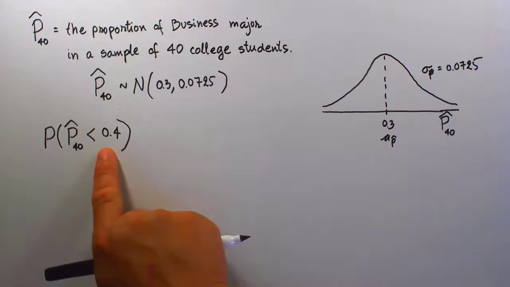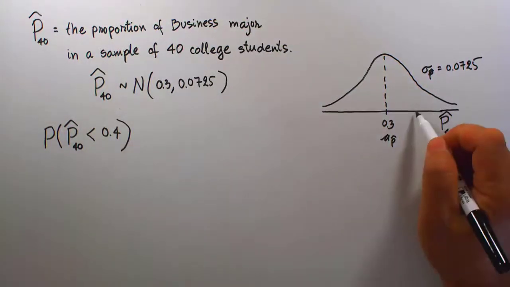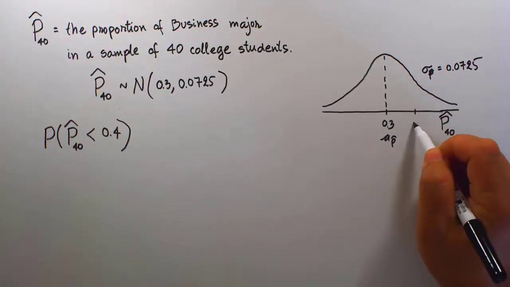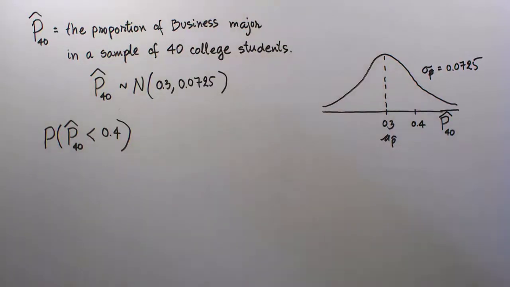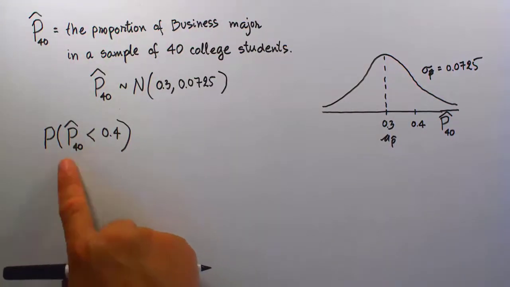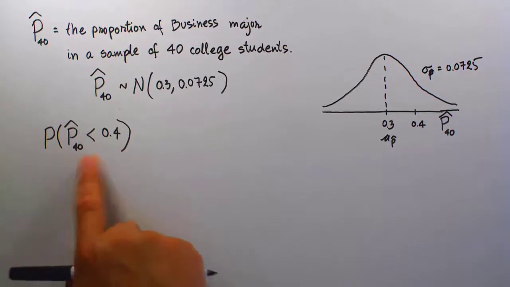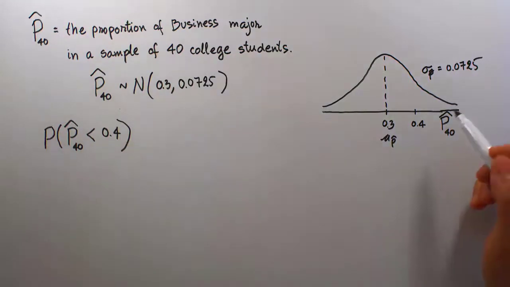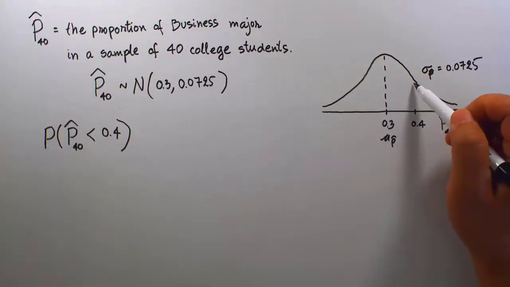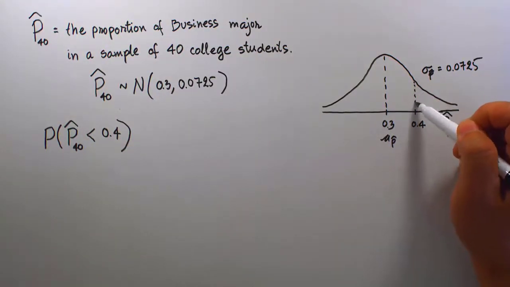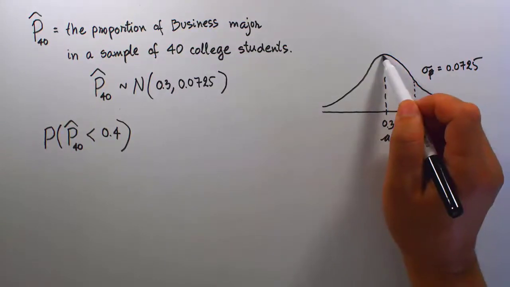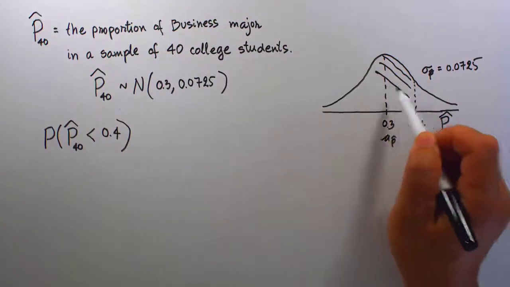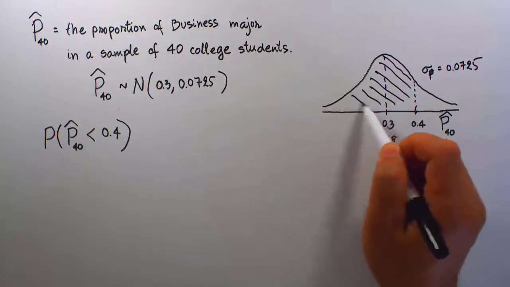The value 0.4 is somewhere to the right-hand side of our bell curve. Mathematically, the event of our probability question asks for capital P hat being less than 0.4. So graphically, we have a shaded area to the left-hand side of this bell curve.